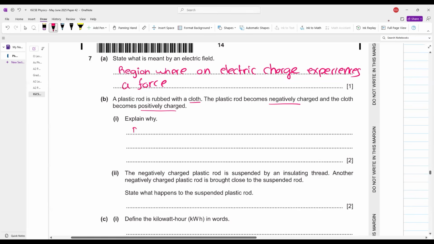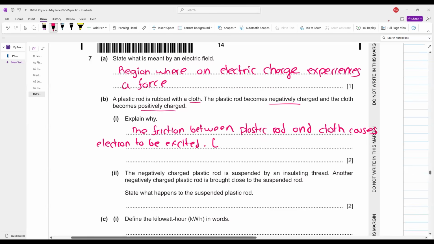The friction between plastic rod and cloth causes electrons to be transferred.